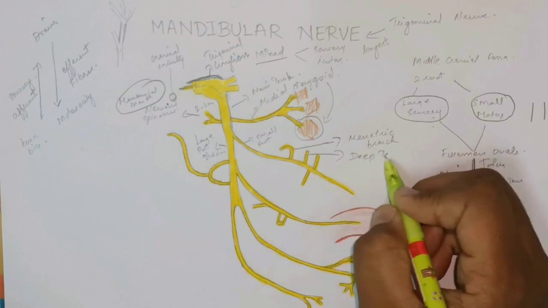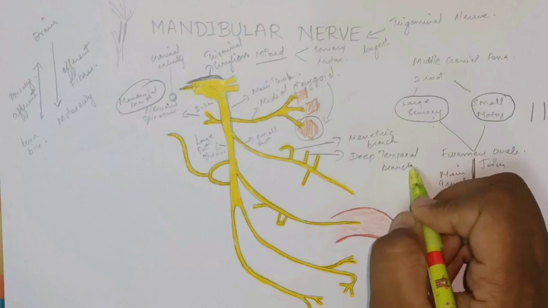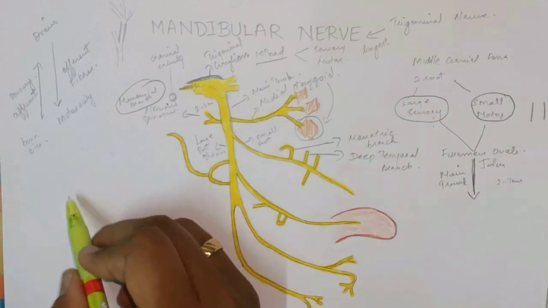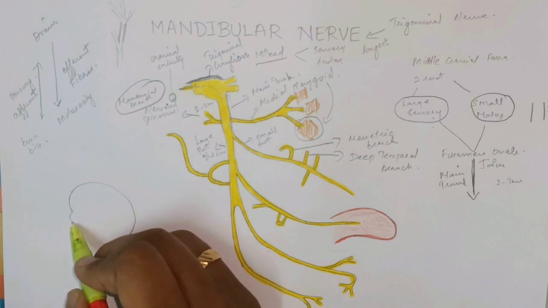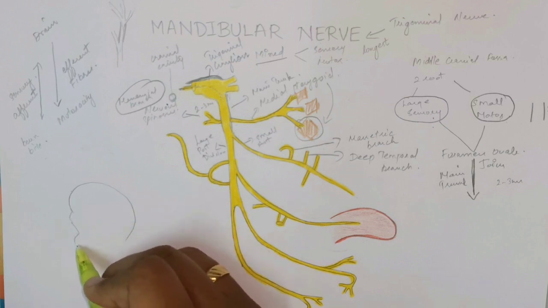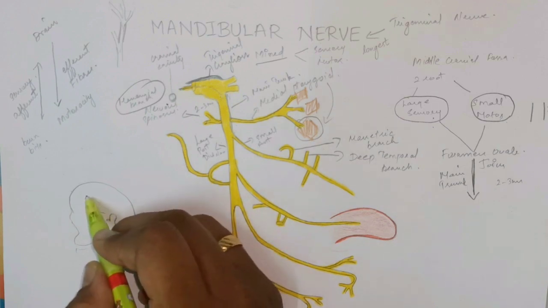And second is your deep temporal branch. The deep temporal region is nothing but the area which is above your ear and earlobe region. See, this is your skull, right? I'm schematically drawing. You have your ear, and above that you have one region.